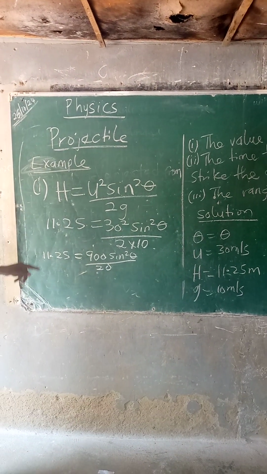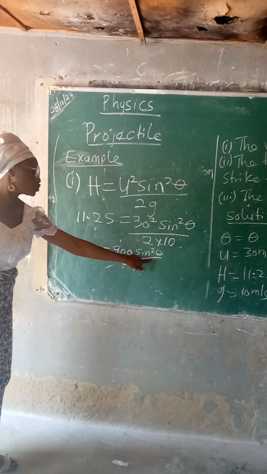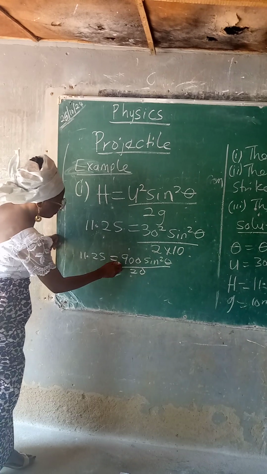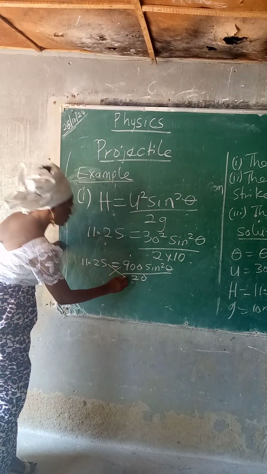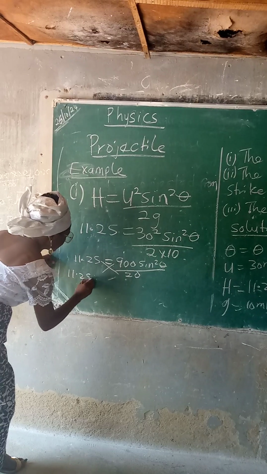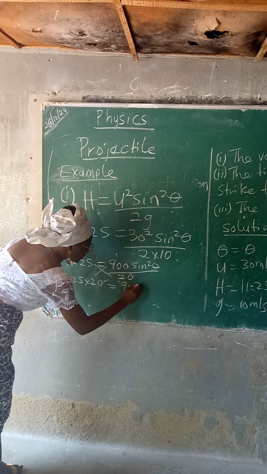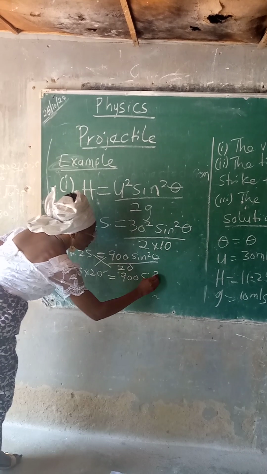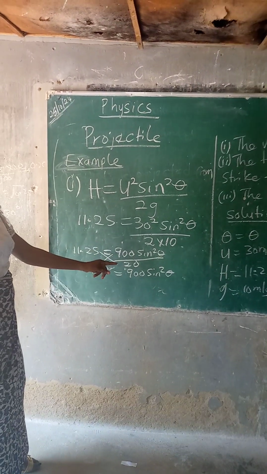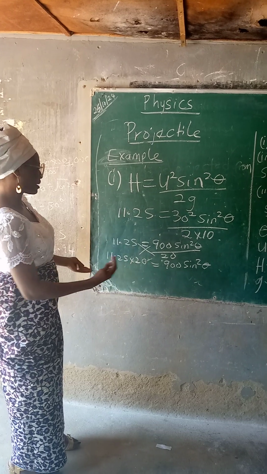Now, we are going to do change of subject of formula. We are going to make sine squared theta the subject of formula. How do we do that? You cross multiply. When you do cross multiplication, then you have 11.25 times 20 is equal to 900 sine squared theta. Sine squared theta is the target. So we divide both sides by 900.